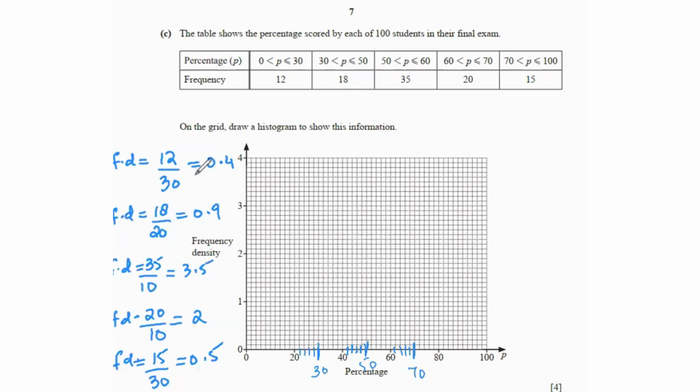From 0 to 30, the frequency density is 0.4. 1, 2, 3, 4. That is our bar. Then for 30 to 50, it is 0.9.